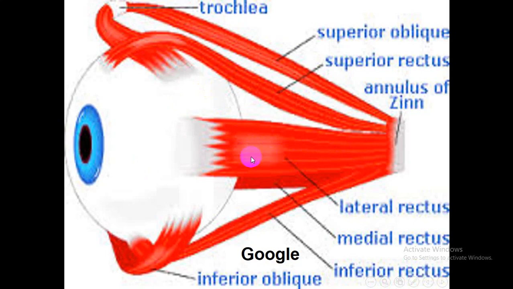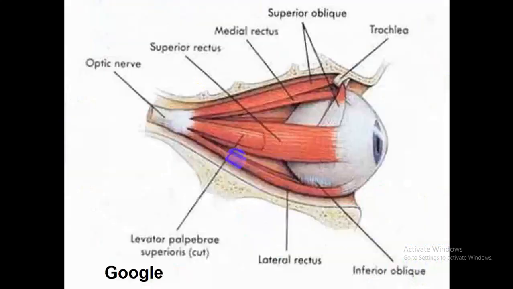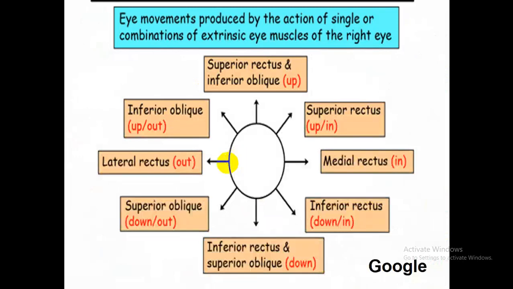The levator palpebrae superioris is also supplied by the oculomotor nerve and it also receives a branch from the cervical sympathetic trunk.